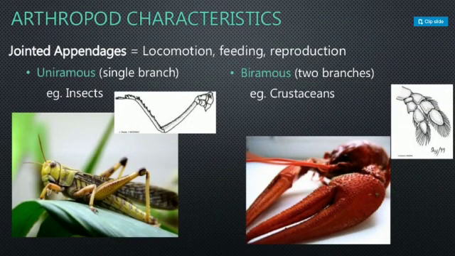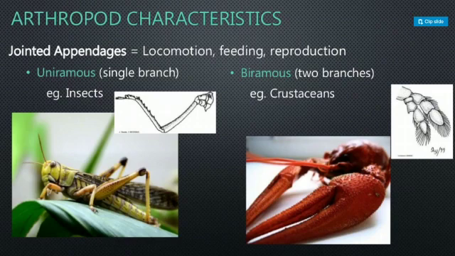Members of the arthropods have jointed appendages, and these jointed appendages are repeated in each segment of the body. So you can say that each segment of the body can have a pair of legs. It is specified for locomotion, for reproduction, and for feeding. On the basis of the branches of the appendages, these arthropods can be divided into uniramous and biramous groups.